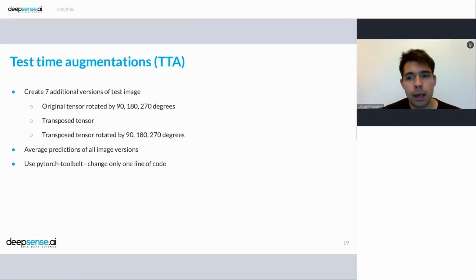And after that, I performed inference for all those images and I averaged the predictions. The good thing is that you can use a library called PyTorch Toolbelt. And if you use that library, you just need to change one line of code in your inference pipeline to apply all those transformations. So that's neat.